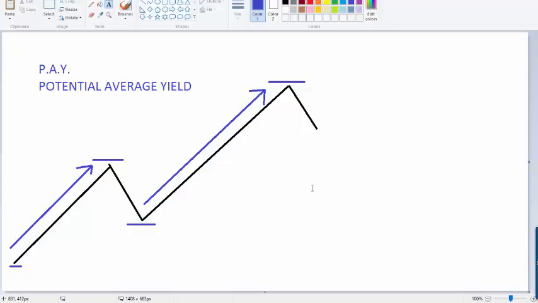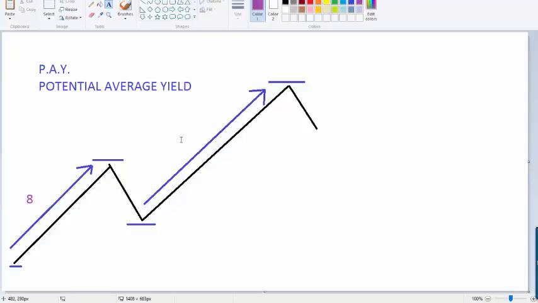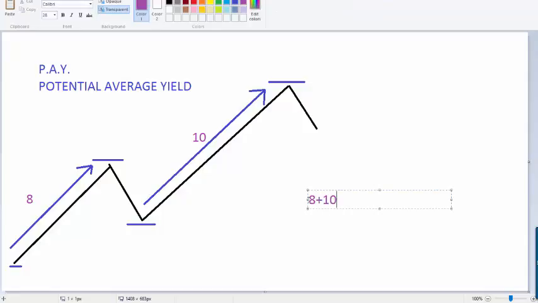Jeff was looking at charting, and he said, Tim, what do you see? He was teaching me a concept. I said, well, that one moves up a little bit. That one moves up. They move up about the same amount. He says, yeah, that's what pay is. You're taking one range, say that's an $8 move, and you're taking the second range, say it's a $10 move. You're adding them together, 8 plus 10 equals 18.